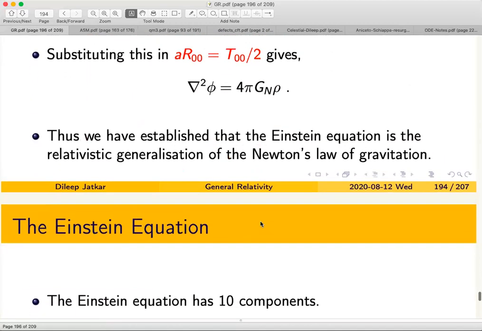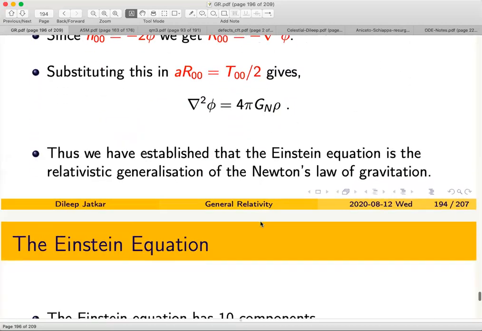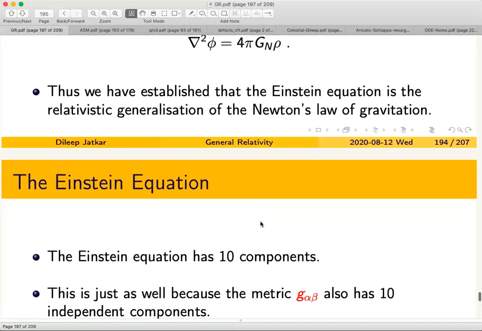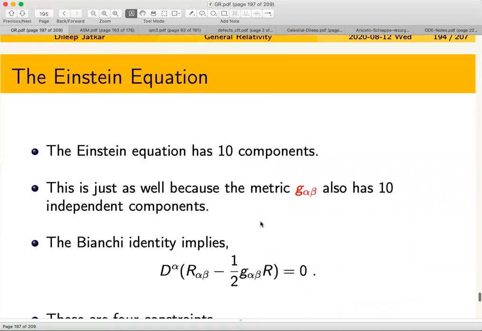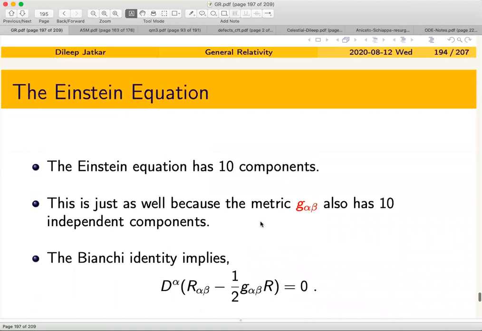Okay, so let's get back to our equation. This is R alpha beta minus half G alpha beta R is equal to T alpha beta. Given that it is symmetric in alpha beta and alpha beta take 4 values, a symmetric tensor would have 4 into 5 by 2, which is equal to 10.